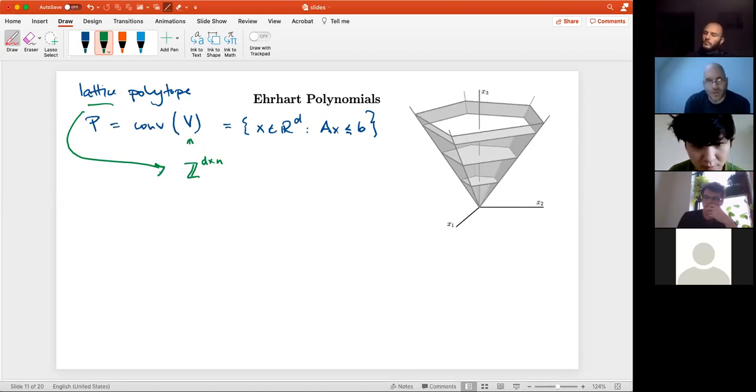Then you can realize that the matrix A and B can be taken to have integer coefficients: if you have integer vertices, then the inequalities have rational coefficients, and you might as well make them integral.